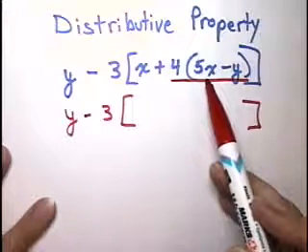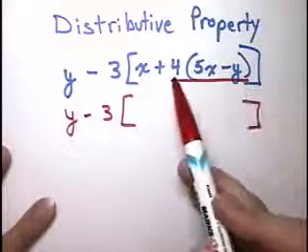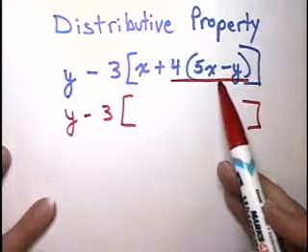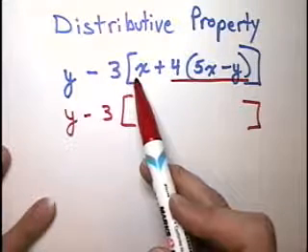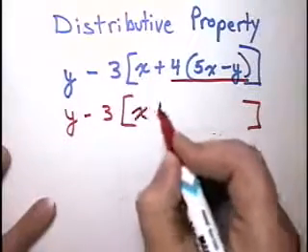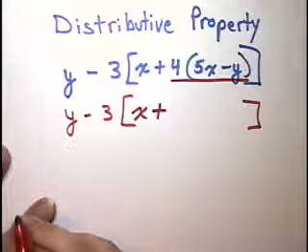Inside the parentheses I have a 5x minus y. The 4 is being multiplied by this quantity inside the parentheses. The x out in front is not being multiplied, so the x and the plus sign are not going to be used when I use the distributive property.